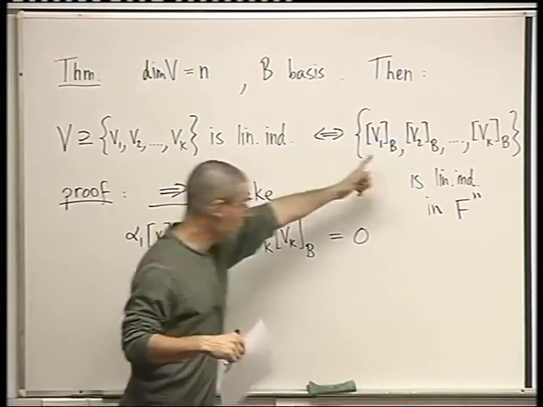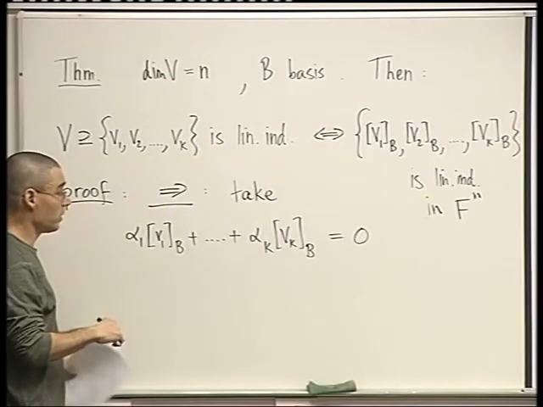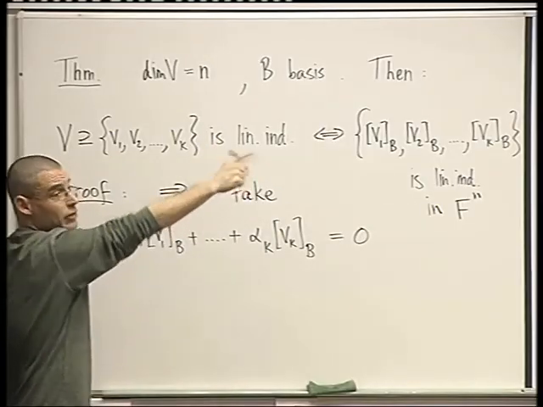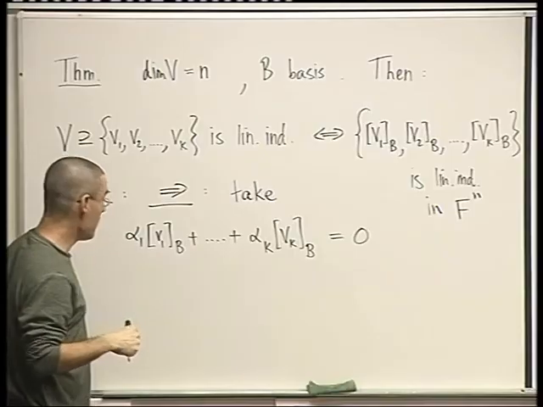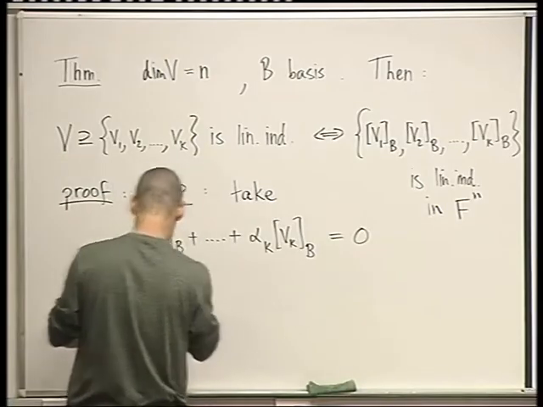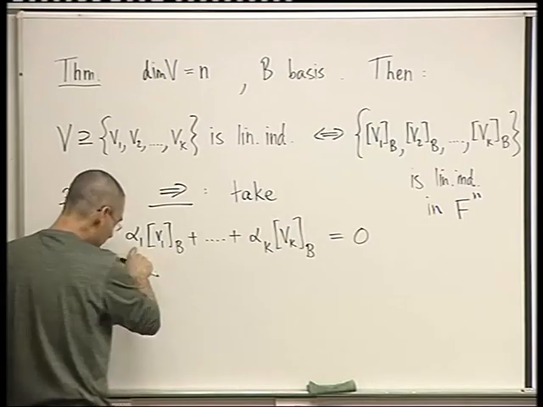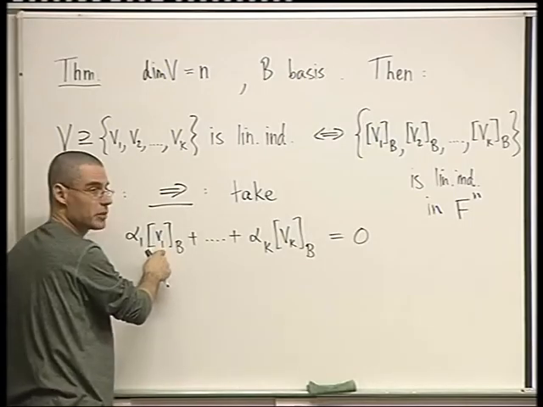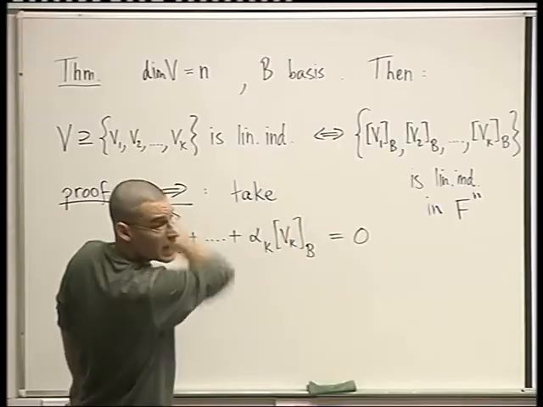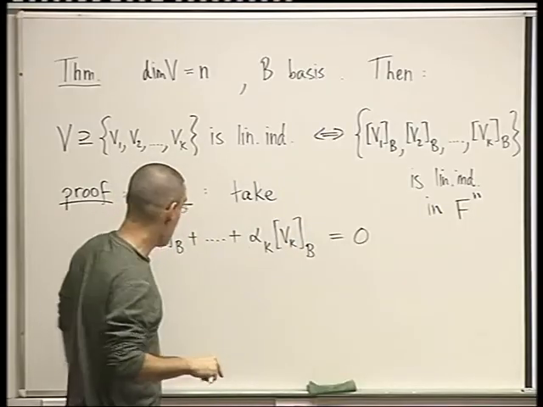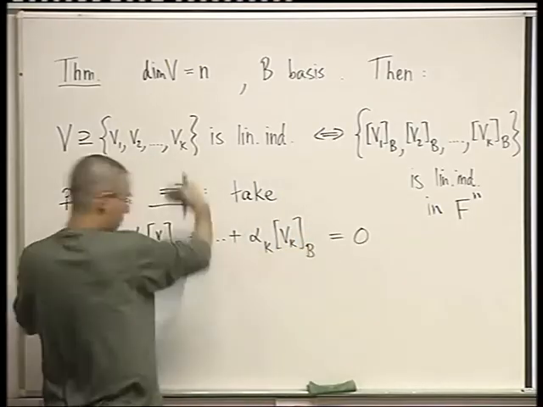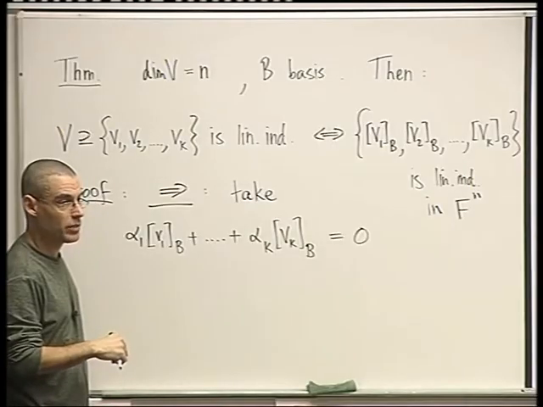I took a linear combination, and I want to show that they're all 0. Now I'm going to use that lemma, the previous theorem: the alphas can go into the coordinate vector. That was part 2 of that theorem. And then adding can join up also inside the coordinate vector.